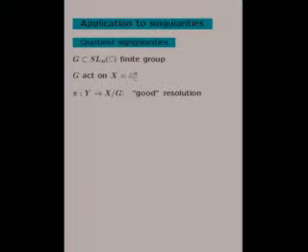And we resolve the singularity, but in a good way. There are many ways to resolve the singularity, but you have to choose some good way to resolve it.